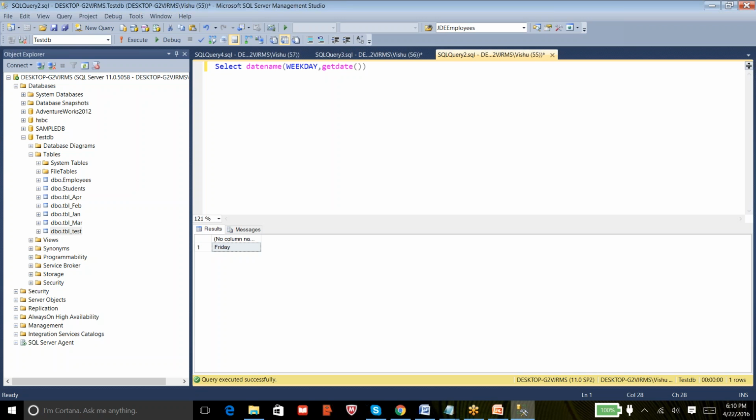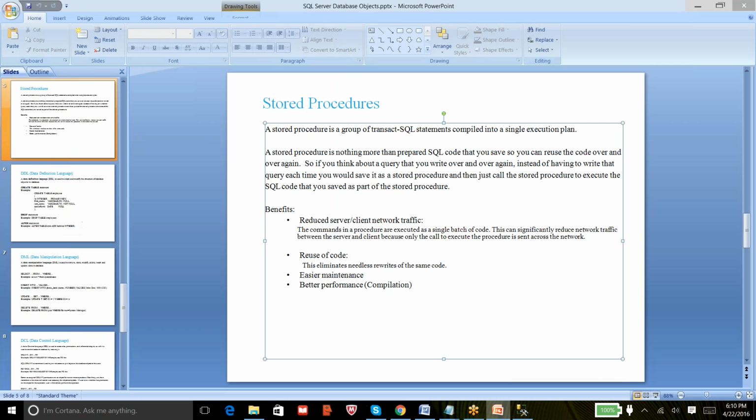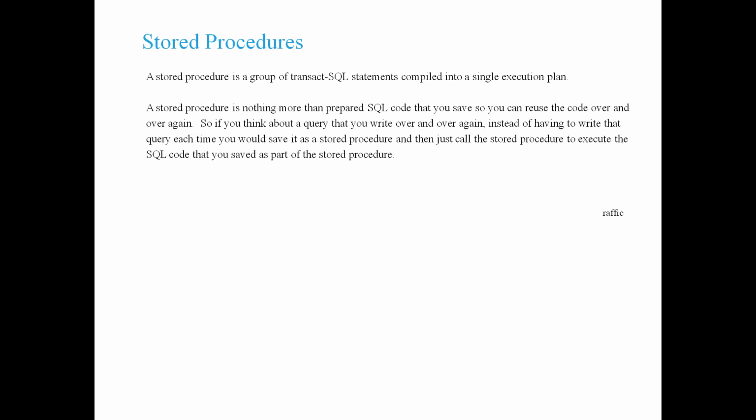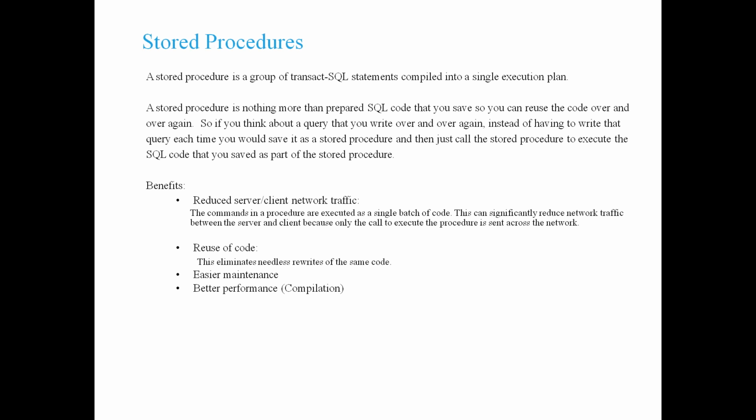The result will automatically say whether it is a Monday or Tuesday. So any questions about stored procedures? And again, it is not a requirement for us to write all these stored procedures. It's just for our understanding.